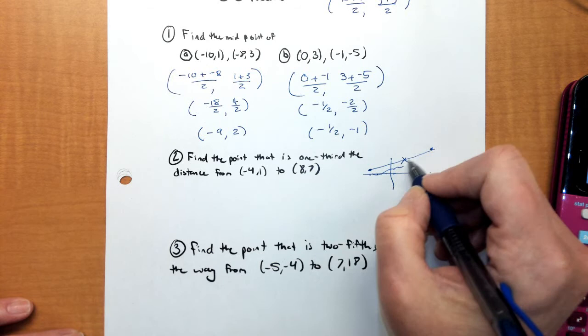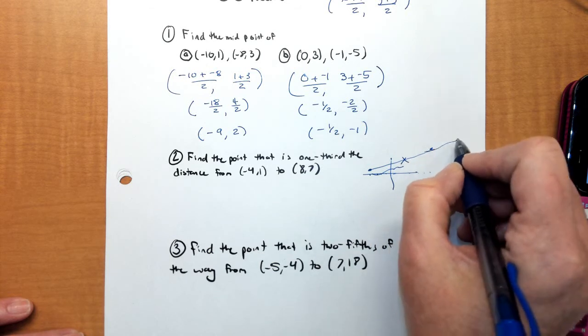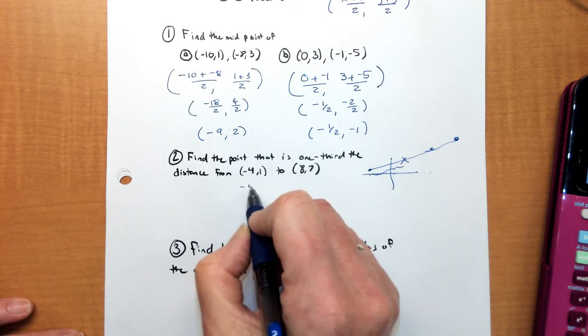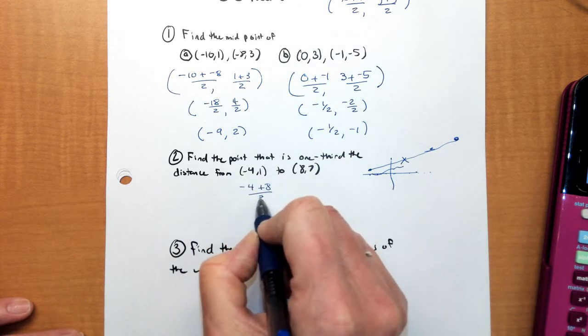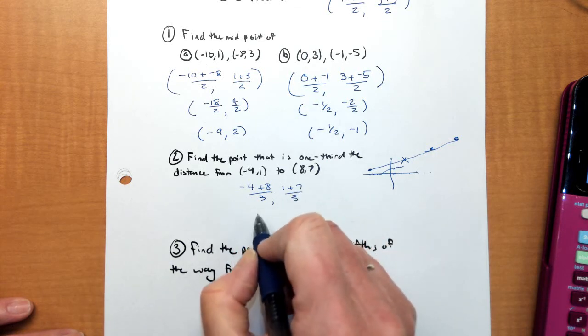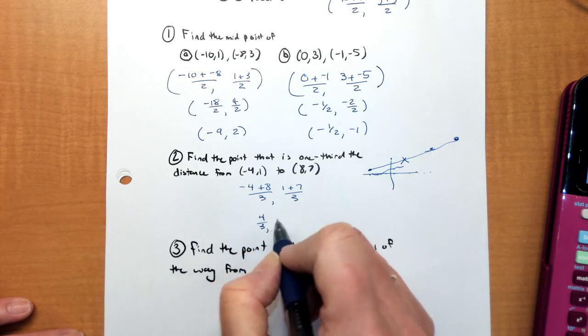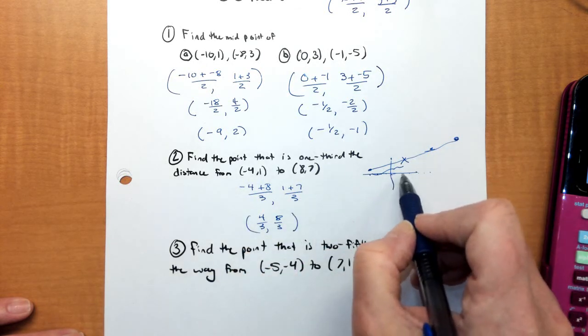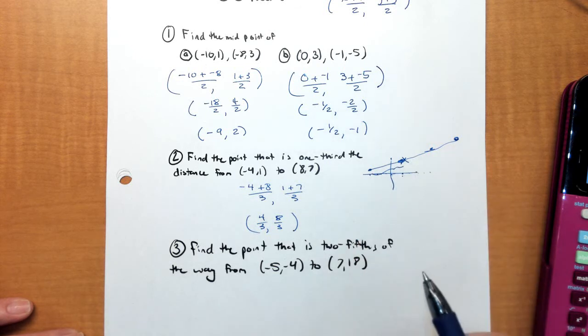Well, that doesn't really look like 1/3, but we'll say it looks like that. It might be over here somewhere. So I'm going to say -4 plus 8 divided by 3, 1 plus 7 divided by 3. So this would be 4/3, 8/3, which is about 1 and 1/3, 2 and 2/3.